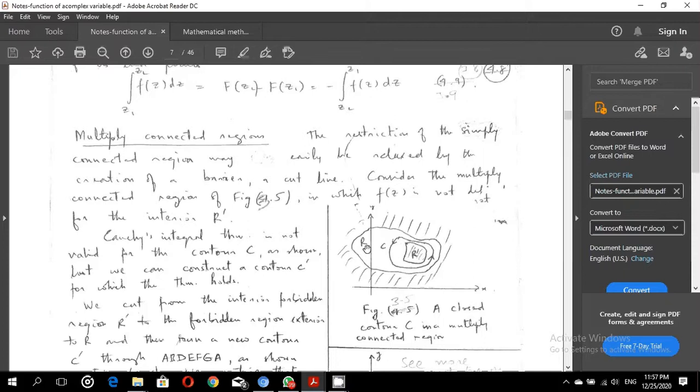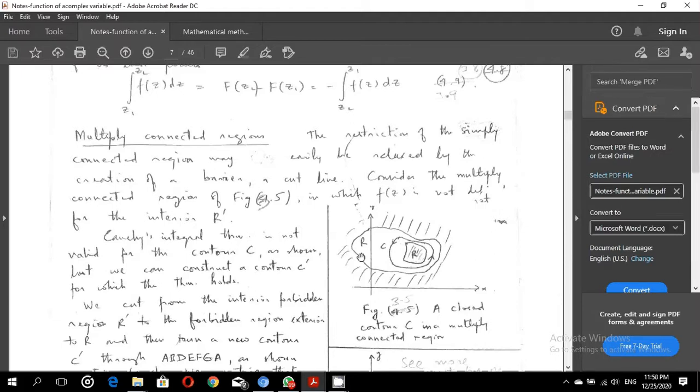If we have a situation like this and we take a contour C, we cannot use the Cauchy integral theorem, because the first requirement is that the function must be analytic at each point within R, and this contains the region in which the function is not continuous. So we cannot apply Cauchy's integral theorem for this contour, and this region is known as the multiply connected region. That is a region containing a problem region.